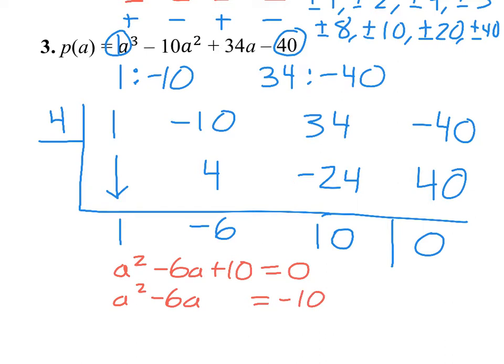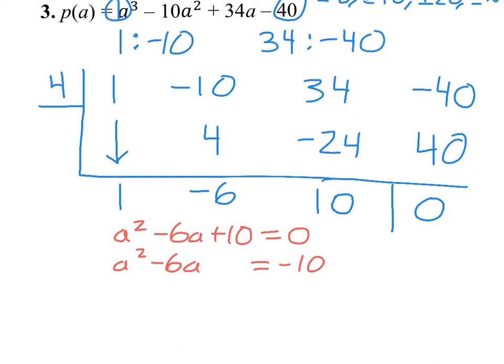So to make that a perfect square trinomial, I need to add 9 to both sides. A minus 3 squared equals negative 1.